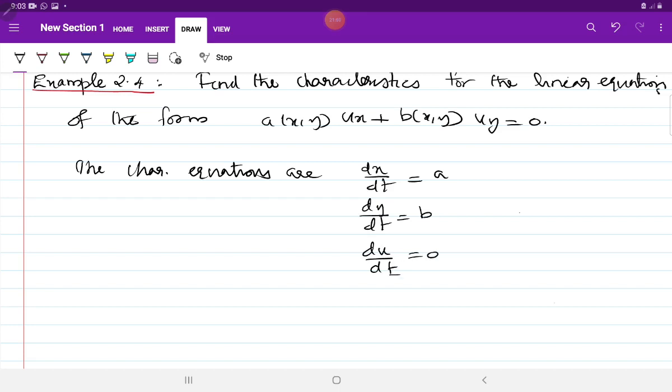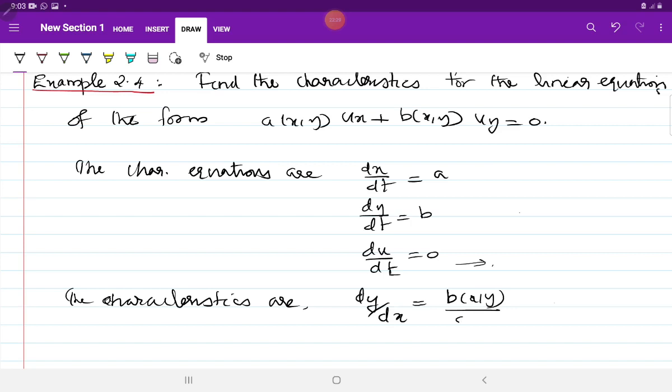Since a and b are independent of t, du by dt equal to 0 implies that u is a constant on the characteristics. So u is a constant on the characteristics, which are determined by dy by dx equal to b of x,y by a of x,y, that is b by a.